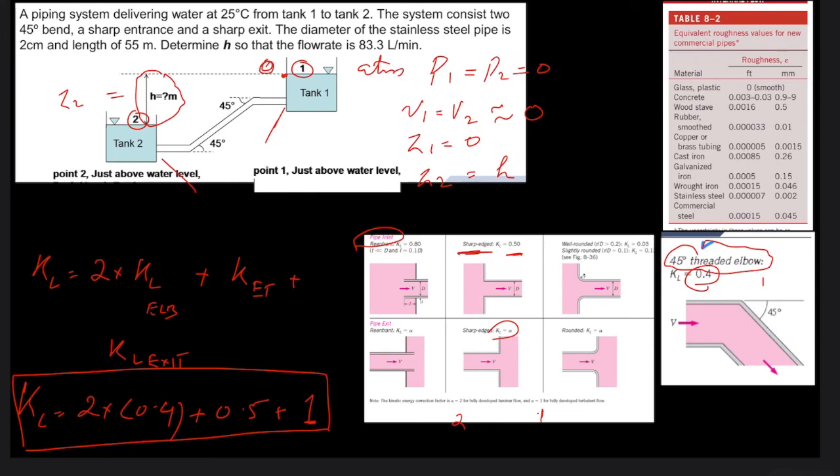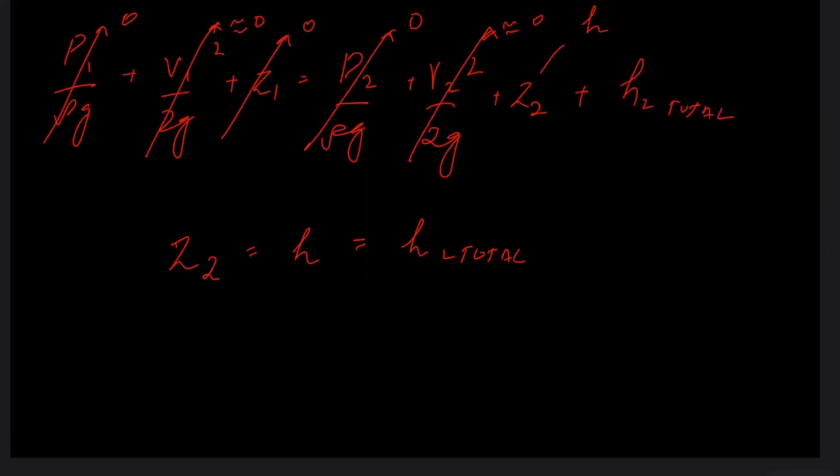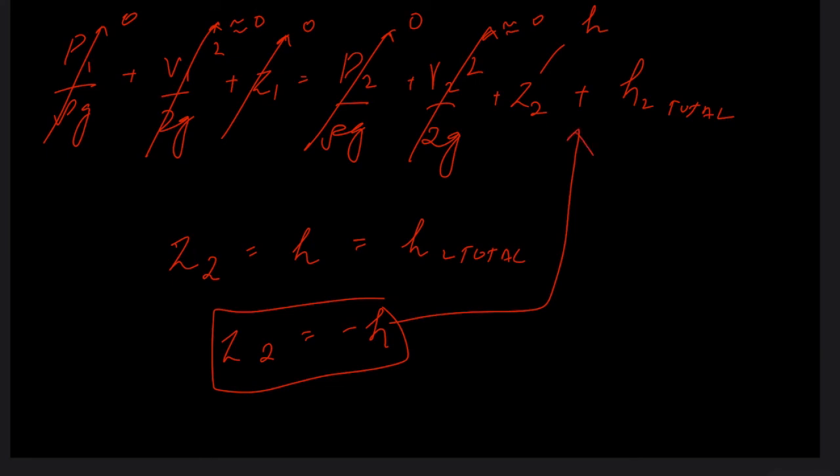Go back and see that tank 1 is at a positive elevation, and tank 2, Z2, is at a negative location. So we can assume that Z2 is basically minus H, a negative height. We put this in our Bernoulli equation: 0 is equal to minus H plus HL total.